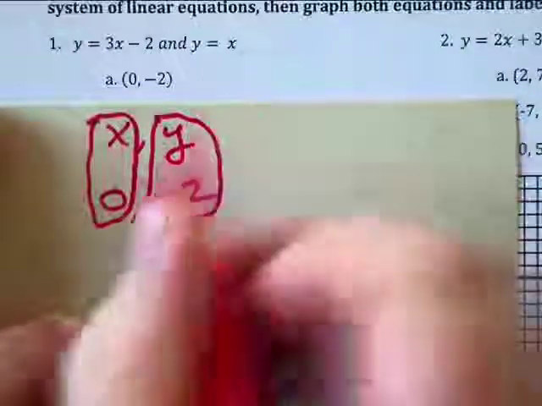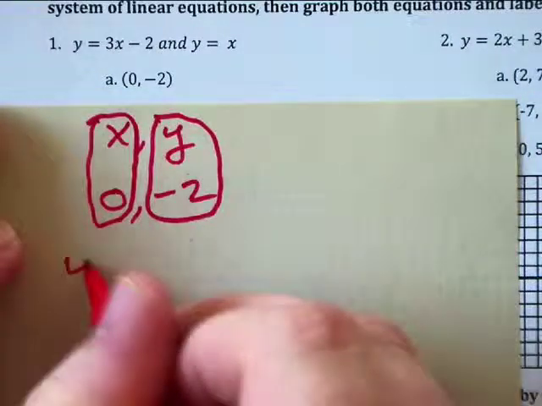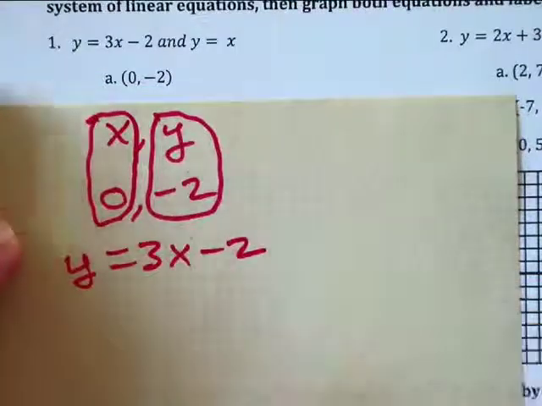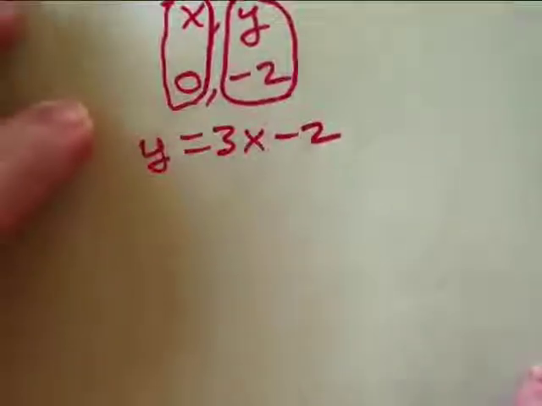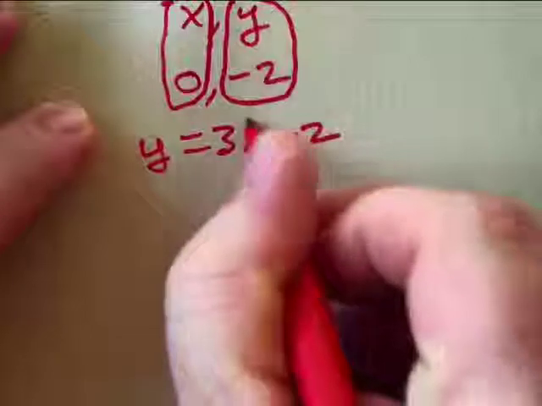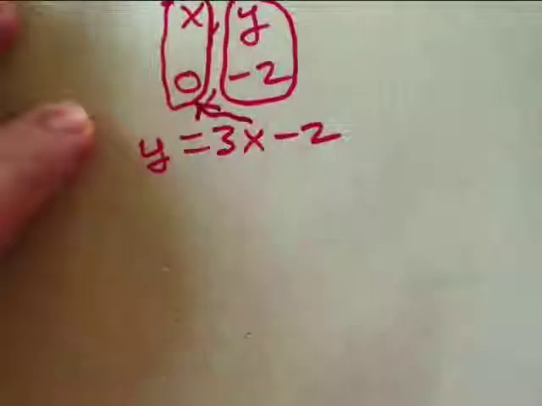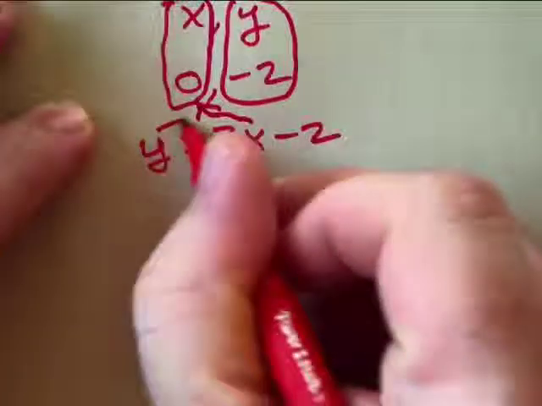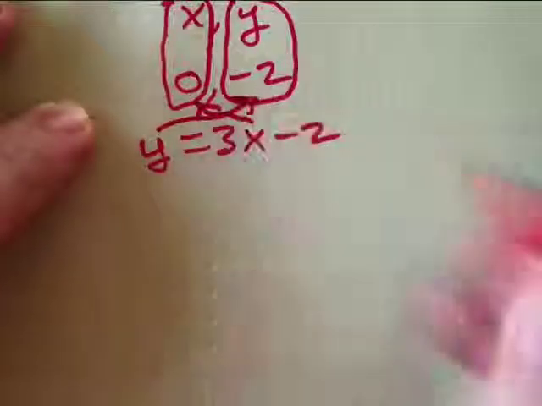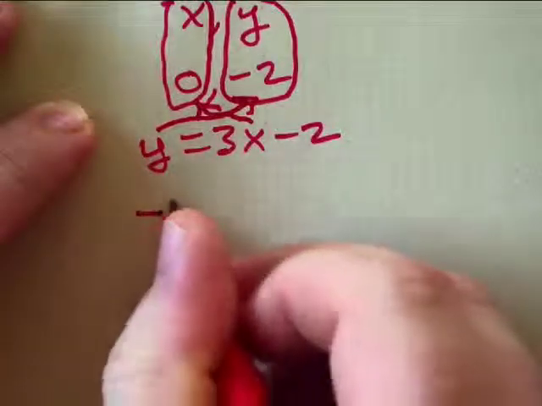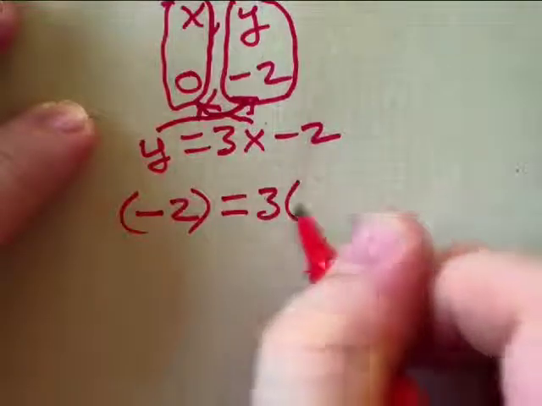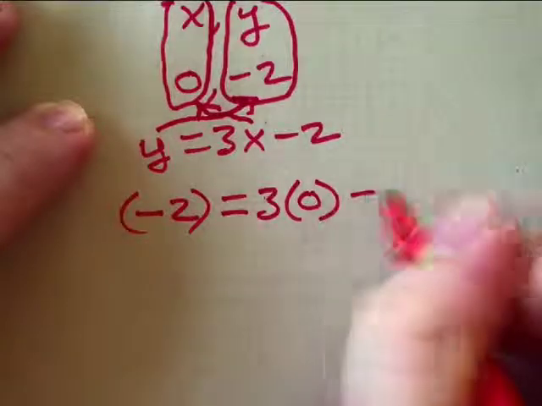So if I take the first one, y equals 3x minus 2, and I want to plug in for that, what am I plugging in for x? I'm going to plug in 0. And then what do I need to plug in for y? -2. So I now have -2 equals 3 times 0 minus 2.